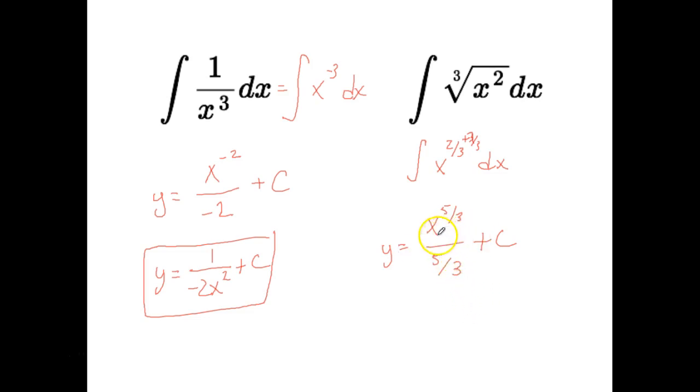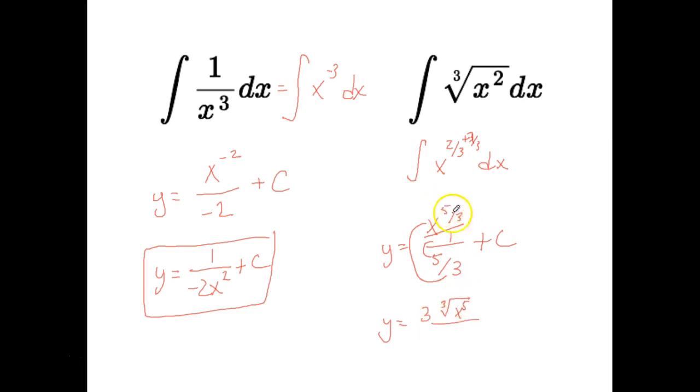But I need to simplify it. I can write this thing over 1, and then I got a fraction over fraction, and we can do the sandwich method. This times that, and the middles together. So the bread's together and the middle's together. Okay, so my answer is going to be 3 cube root of x to the 5th.